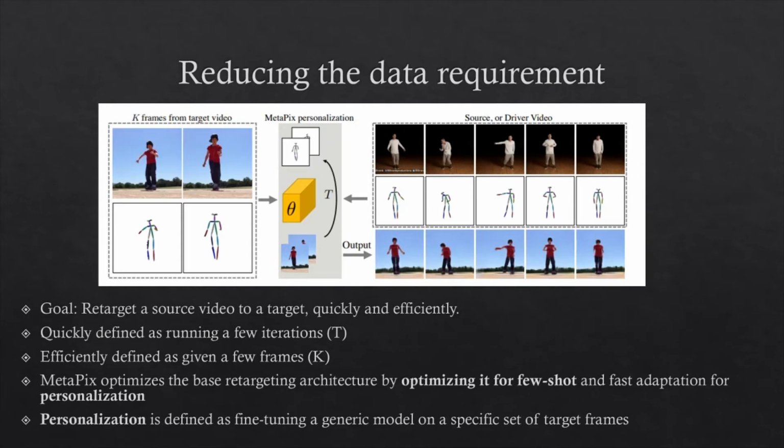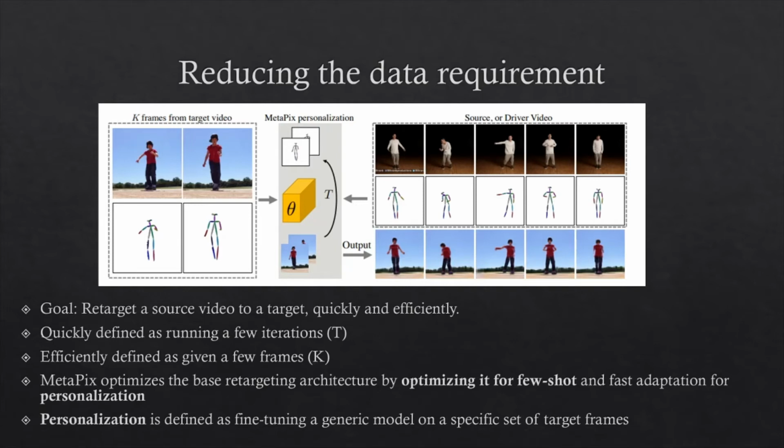So now, how do we reduce the data requirement? Our goal is to retarget a source video to a target quickly and efficiently. Quickly is defined as running a few iterations of T, where T is the number of iterations.